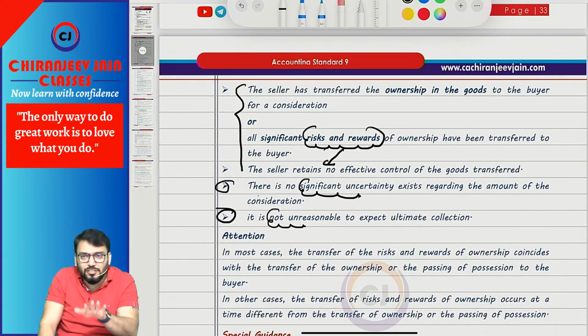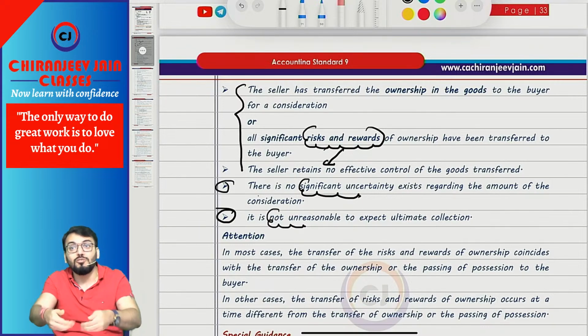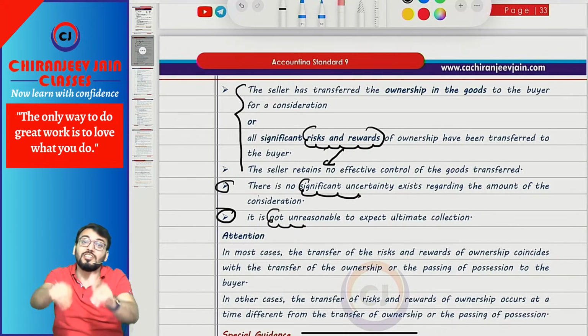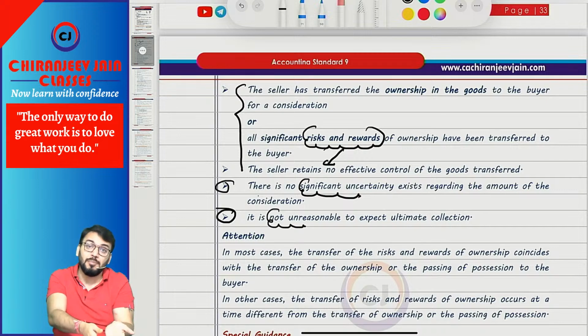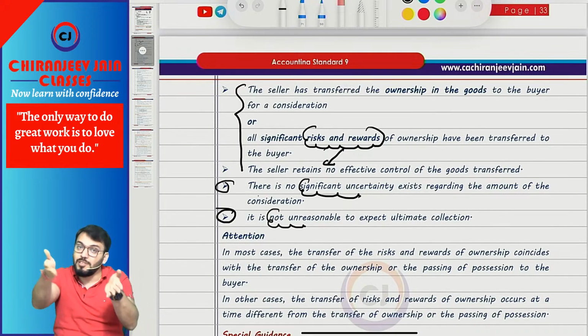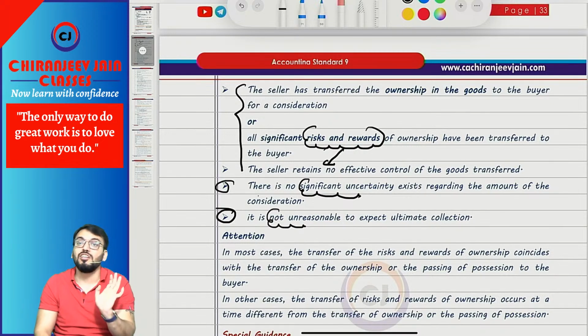It means control has been transferred even though you are holding, and risk and reward has been transferred. Now if something happened to that good, it is a loss of the customer only, because we are holding as per the request of the customer. We don't have intention to hold, but we are holding only because of the request of the customer. In that case, risk and reward is transferred.